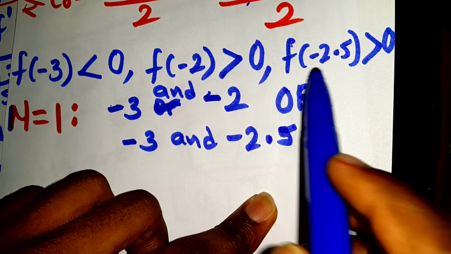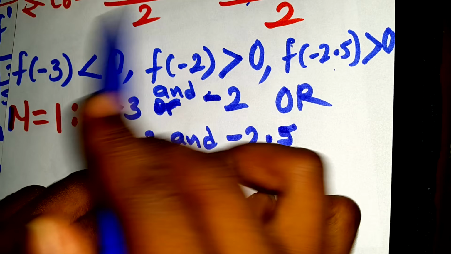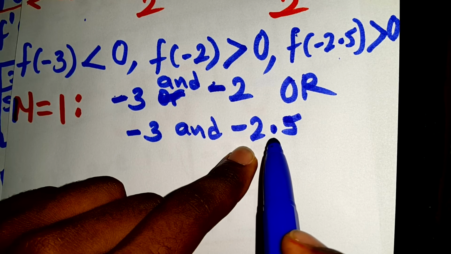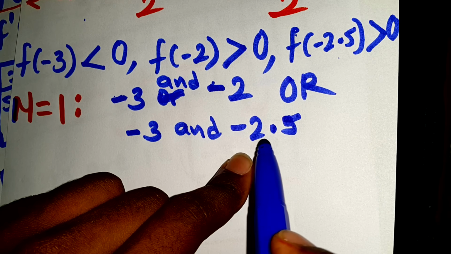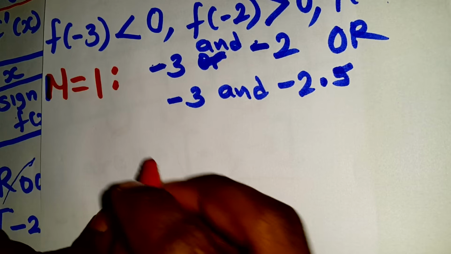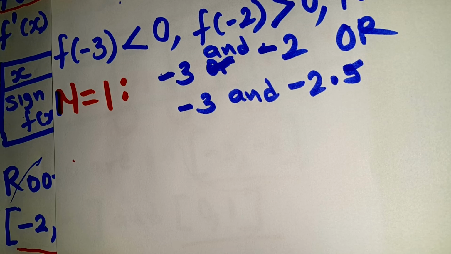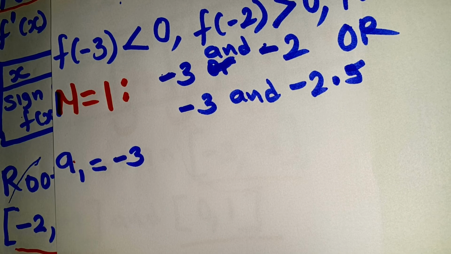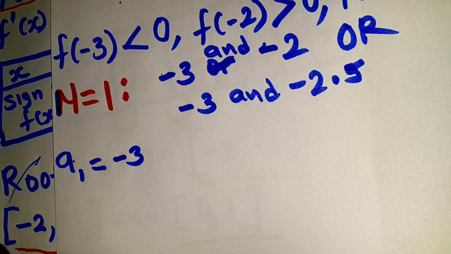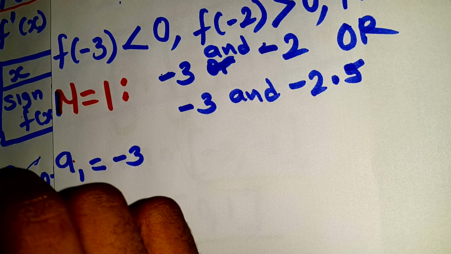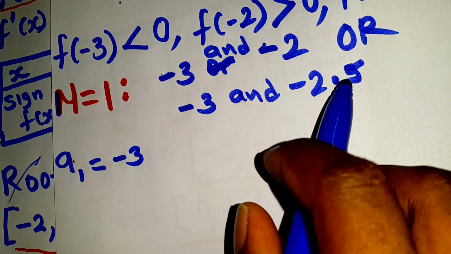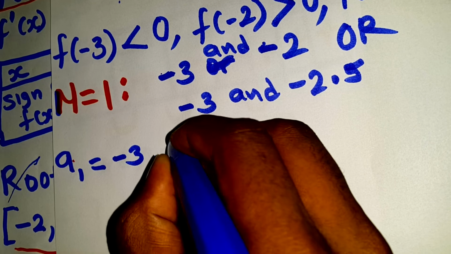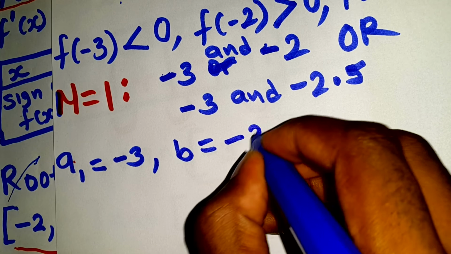What you have to do is choose your new value, which is minus 2.5, that we just found from our C naught. So we have to choose minus 3 and minus 2.5, because minus 2.5 is the new value here. So our A1 will be equal to minus 3. A will always have the smallest value. Here we have minus 3 and minus 2.5, so we use minus 3 for A, and our B will be equal to minus 2.5.